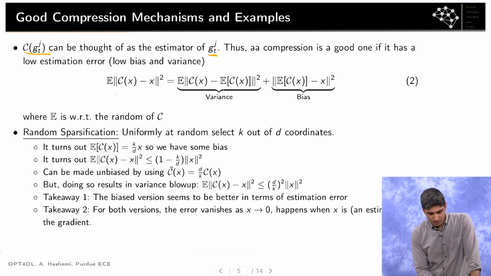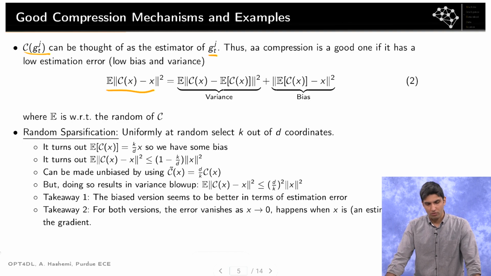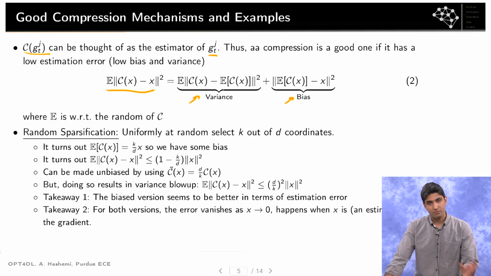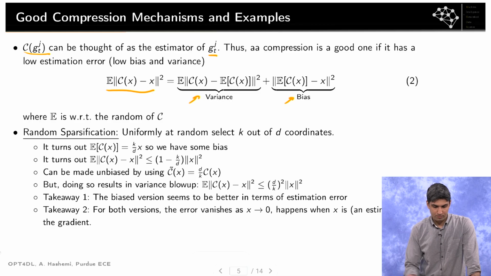Such that the total estimation error, again something we've seen before, or in this case the total compression error, could be written as a variance term plus a bias term. So if I want the total compression error to be low, I don't necessarily require an unbiased estimator. I want the combination of bias and variance to be low.